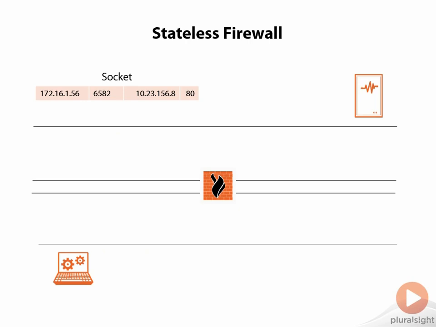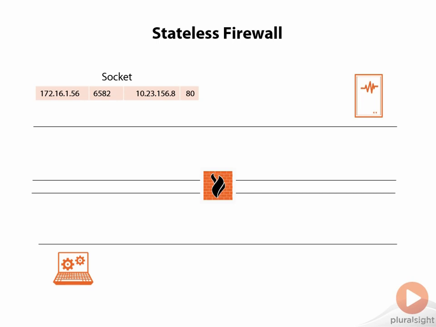A stateless firewall is one that looks at the socket defined in every inbound packet and compares it to a list of allow and deny rules. Based on the socket and the rules, the firewall either rejects or forwards the packet onto its destination. The architecture is like that of a filtering router in that the same packet headers that flow in one side flow out the other.